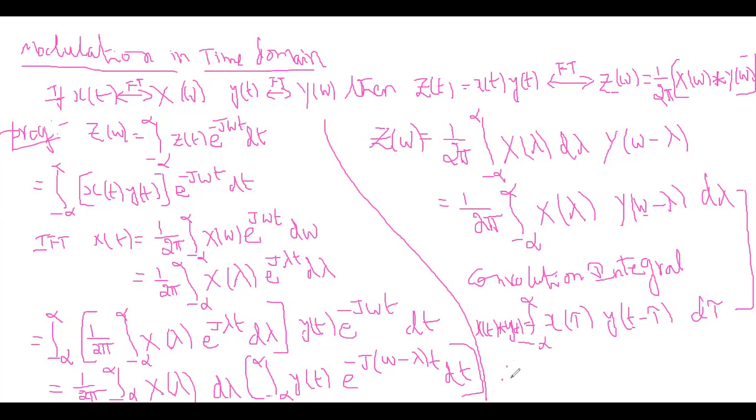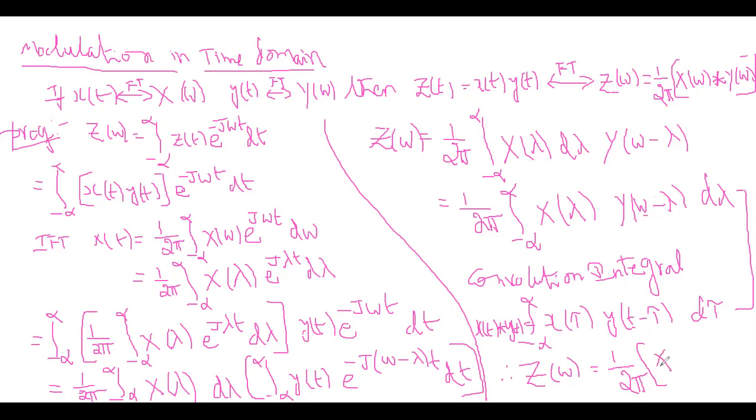Therefore, z of omega is equal to 1 by 2 pi, whole multiplied by, according to this equation, x of t convolved with y of t, but here as the variable, omega is there.